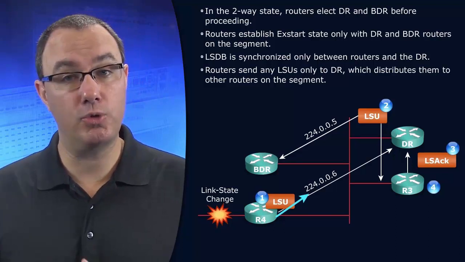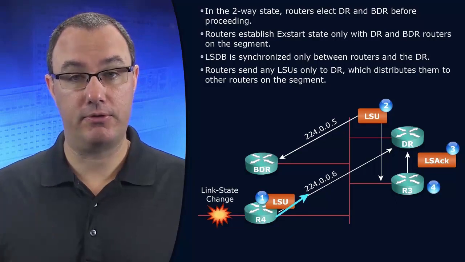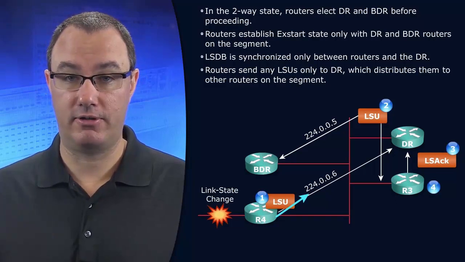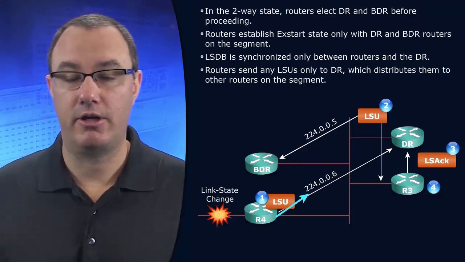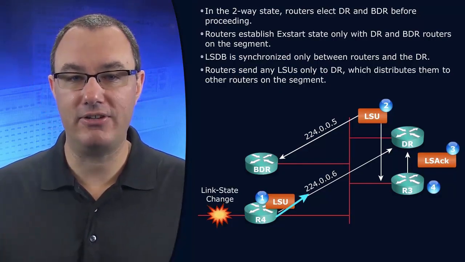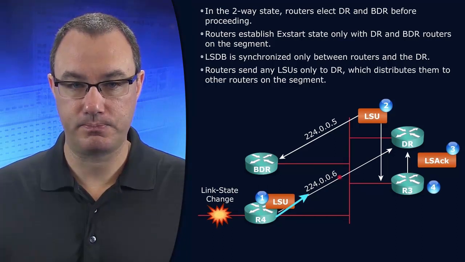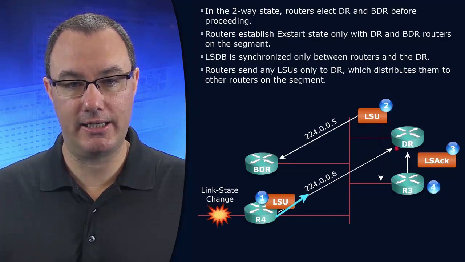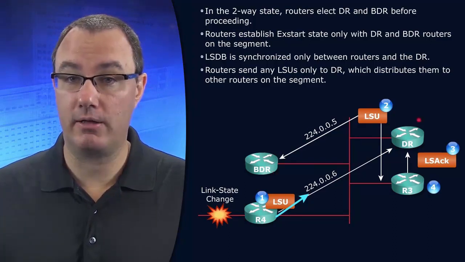That is one of two multicast addresses that OSPF uses. OSPF uses .5 and .6. EIGRP uses .10. RIP uses .9. .6 is the designated router's multicast address. So we're communicating that to both designated routers. The BDR would get that as well.